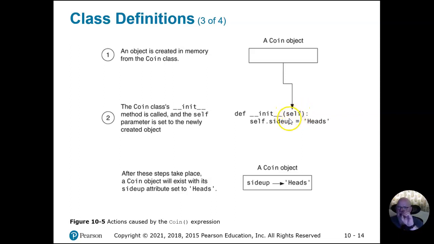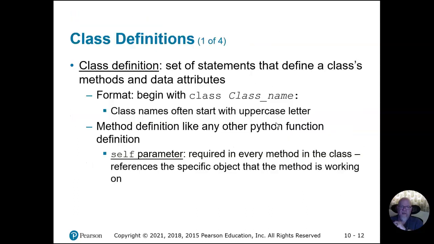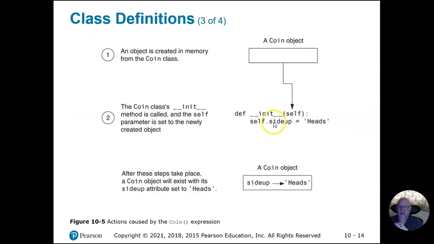That says that is the object itself that's been created, and we've got a data attribute. The data attribute is called side up, so that's the part that holds the data, and we're going to put the word heads in there. So when we first create this coin object, it's going to set the side up data attribute to the string heads.